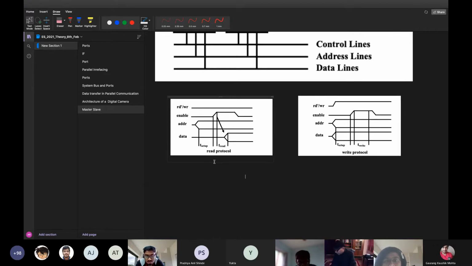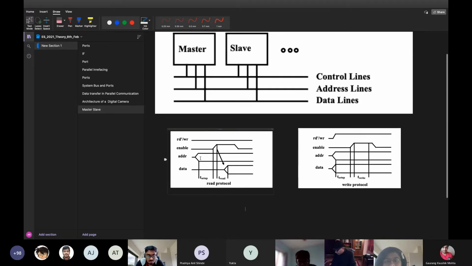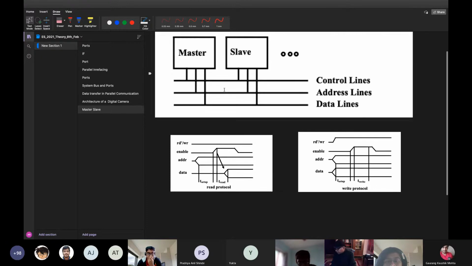In the read protocol, the processor or the master enables the address, then makes the read bar line low. Once it enables, the data comes and is read. Similarly in write, the read/write bar is high, data is sent and it is written. So this is a very simple, fast protocol.